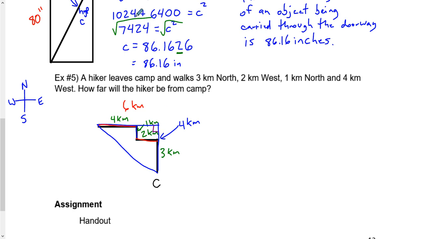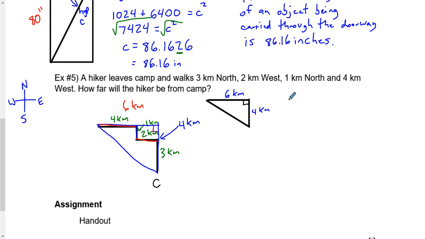There's our right angle. So we do have a right angle triangle. I'm just going to redraw that. Four kilometers by 6 kilometers. It's a 90-degree angle right there.